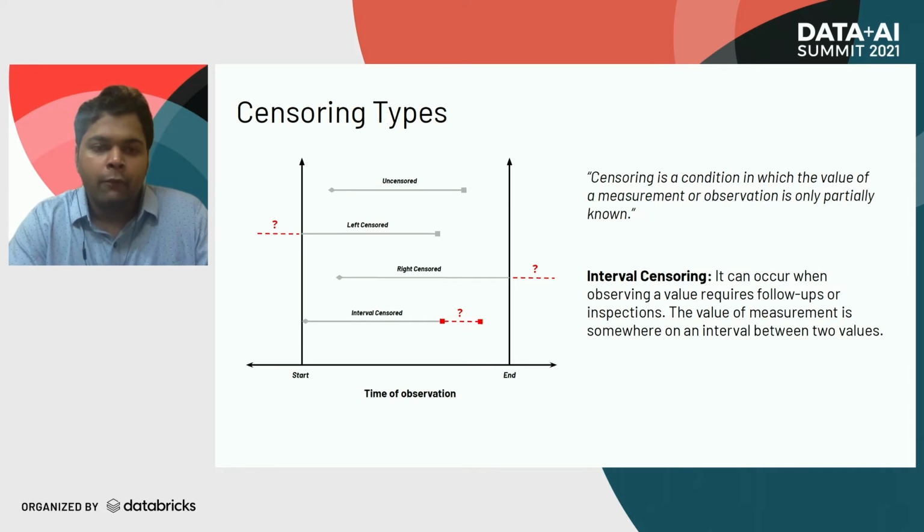And for the interval censored observations, we only know that the churn has happened in a specific time frame. Mostly left censored and interval censored observations can be seen in healthcare applications. But in subscription business, we most likely come across right censored observations.